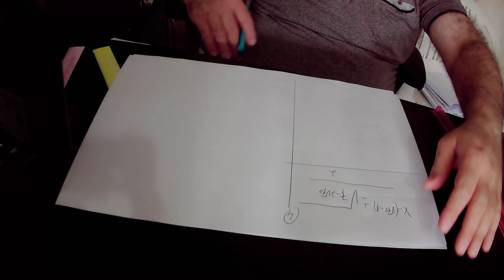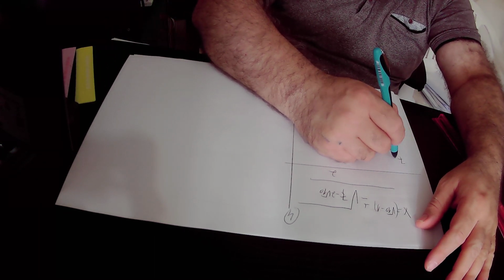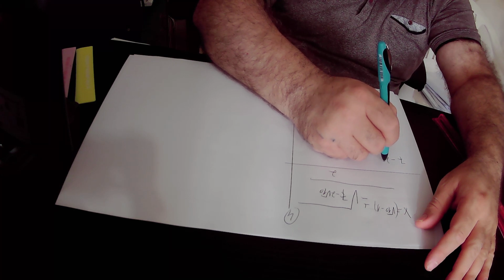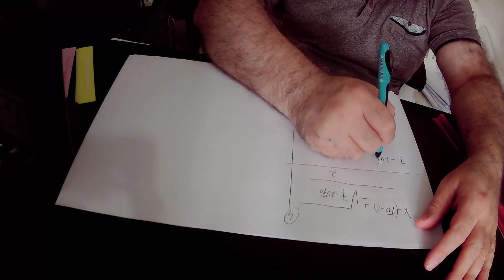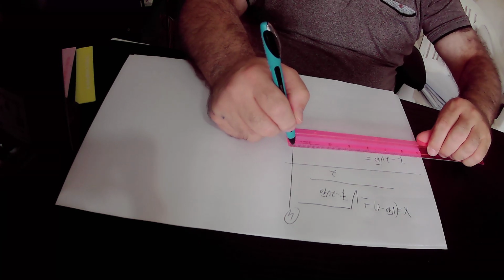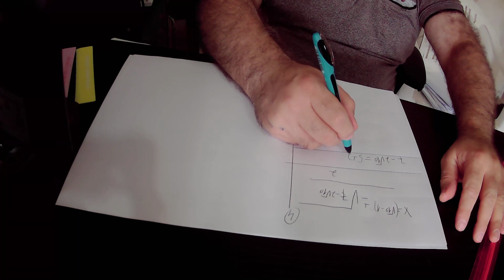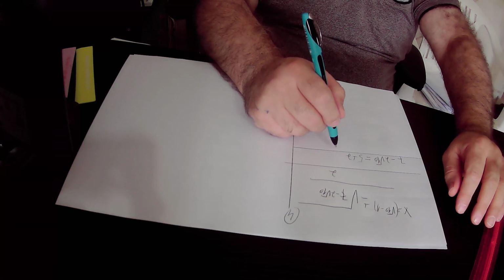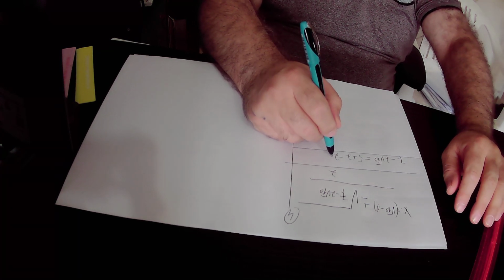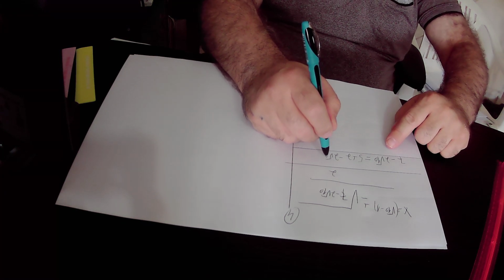So what is the value of 7 minus 2 times the square root of 10? Here 7 is 5 plus 2, so I write it down, and minus 2 square root of 10 is the square root of 5 times the square root of 2.